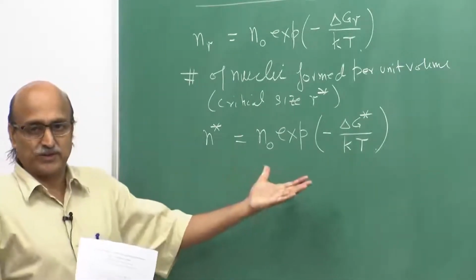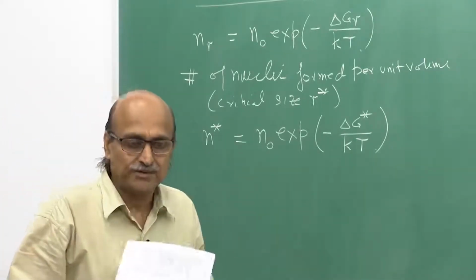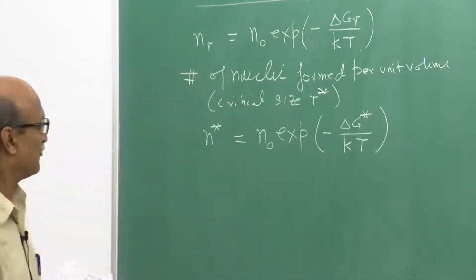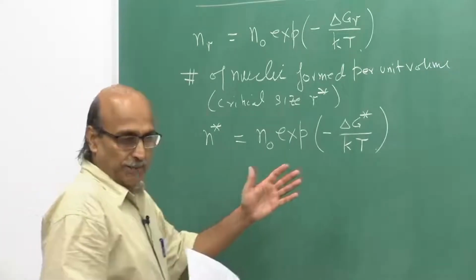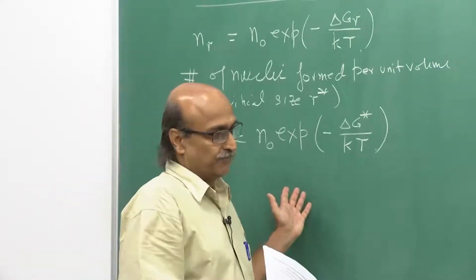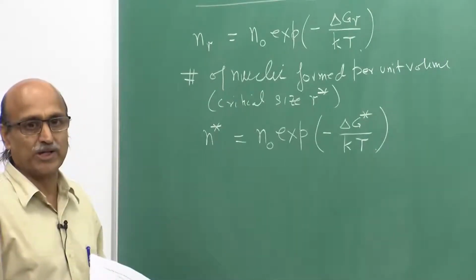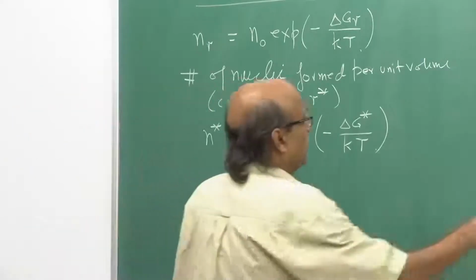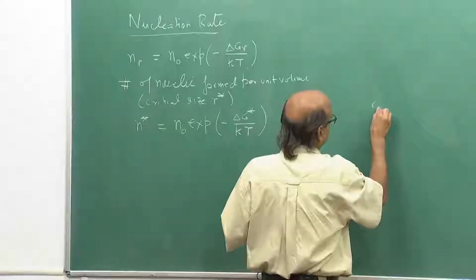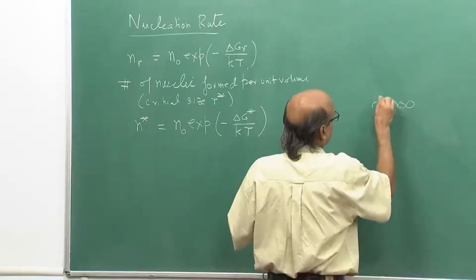A critical size nucleus, as was told earlier also, is in a state of unstable equilibrium. So, either it can fall back into the liquid, or it can move on by adding some atoms to become a stable solid. So, imagine the following situation, that I have a critical size nucleus that is formed.